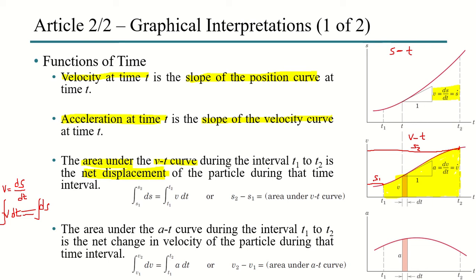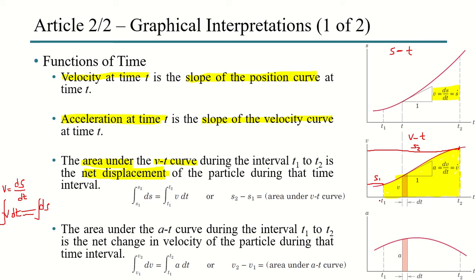We can do that from our lessons in integral calculus. To find the area under the curve, we have to do integration. Our limit here for s is from s1, the lower limit, to s2. And for the other part, we have the integral of v times dt.